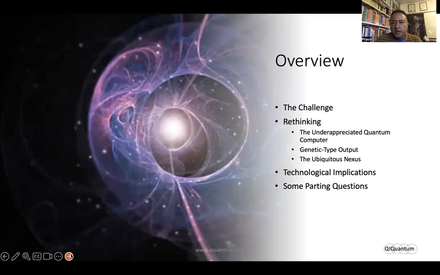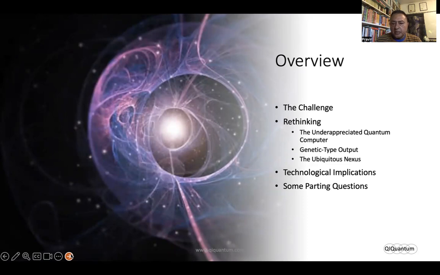I'm going to begin with a challenge posed by Dr. Richard Feynman in the 1980s. I'm going to then suggest an alternative or a different trajectory of development for quantum computation and its connection with AI than what's being pursued by the quantum computing industry today.